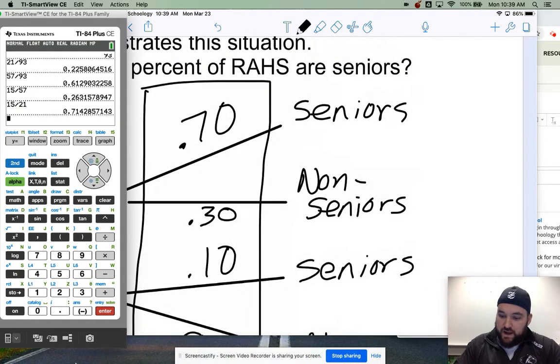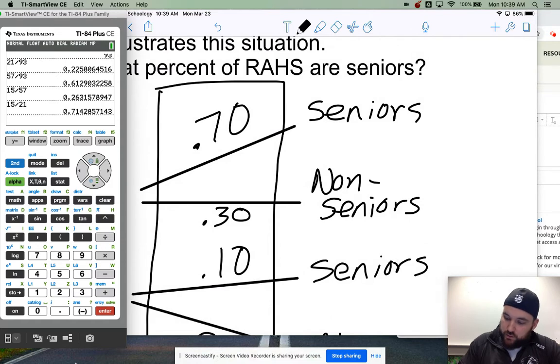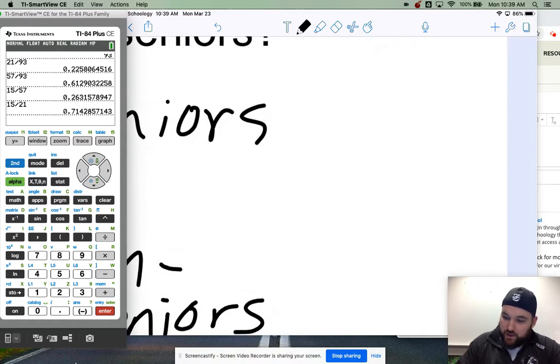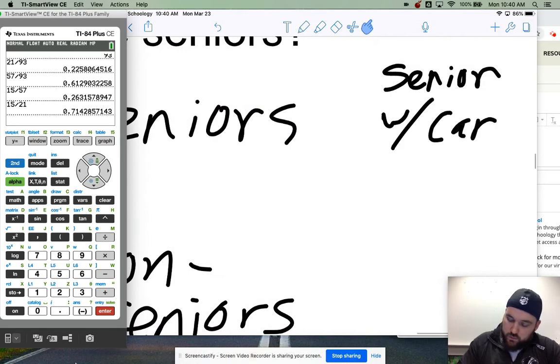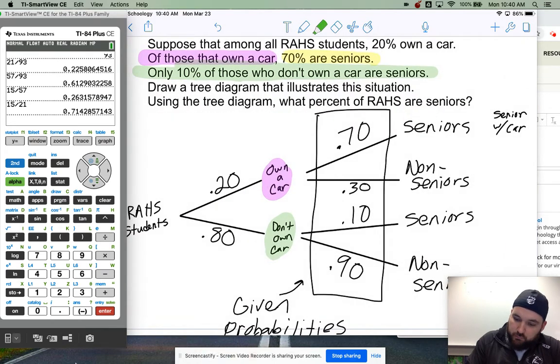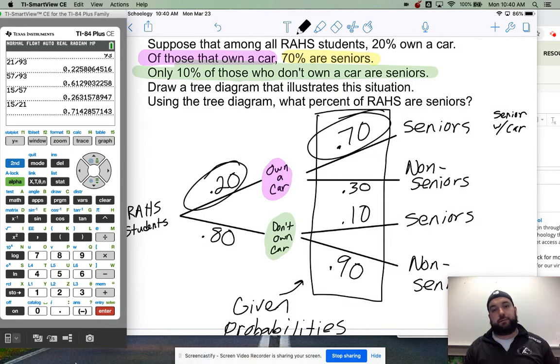Meaning, if I asked you, what's the probability that you pick a senior and they own a car? Okay. So senior with a car. I would have to then multiply the numbers that follow the branches that lead to that end. Okay. So 20% own a car.